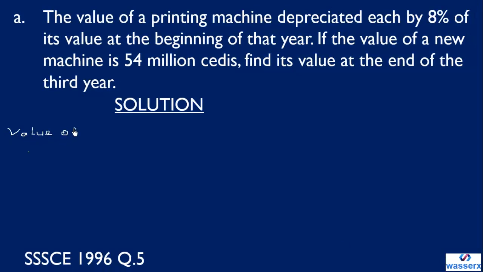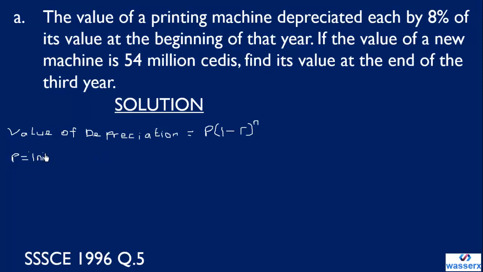Also, we can decide to use the formula for the value of depreciation. The depreciated value is given by the formula P times 1 minus R, all to exponent n, where R is in percentage.